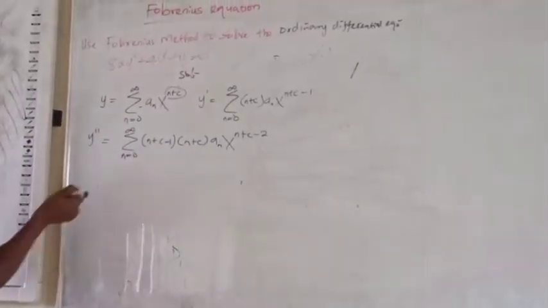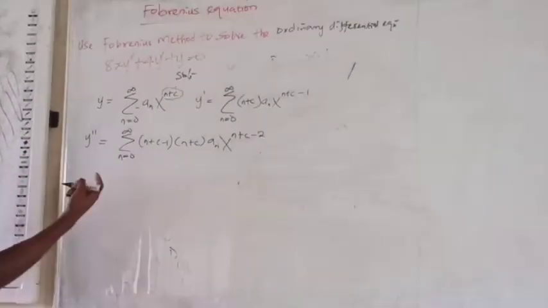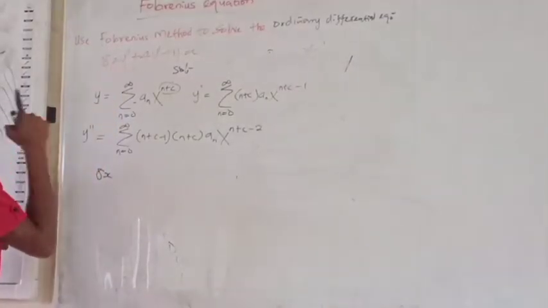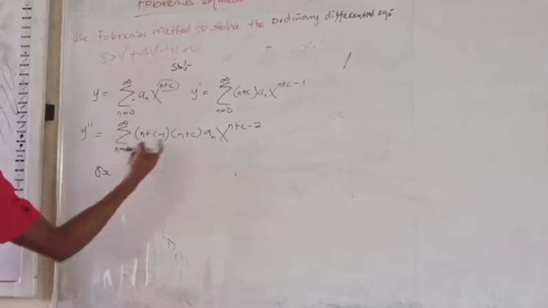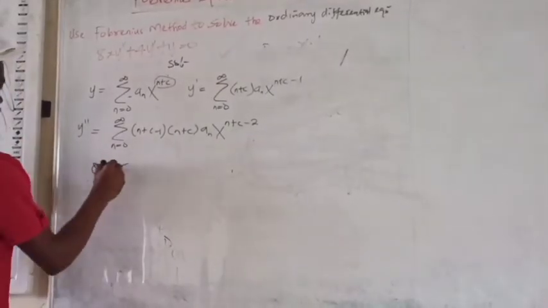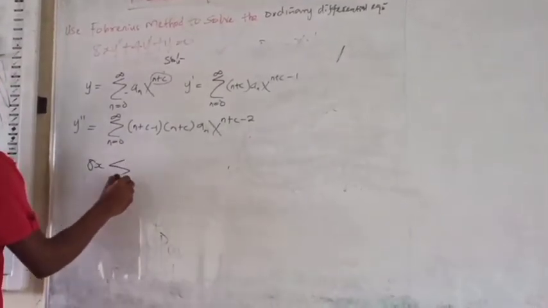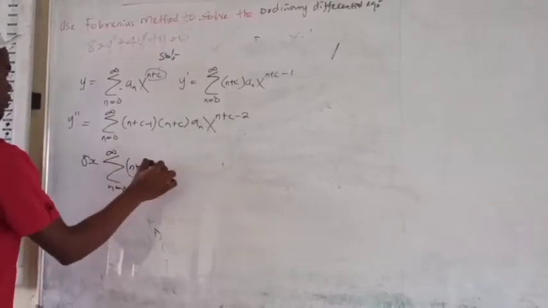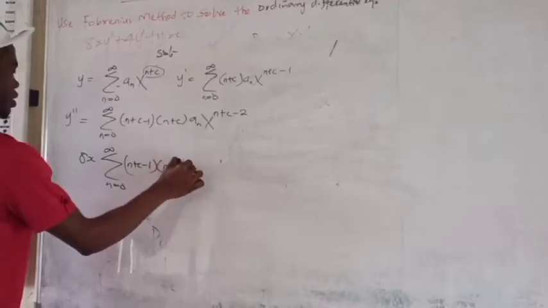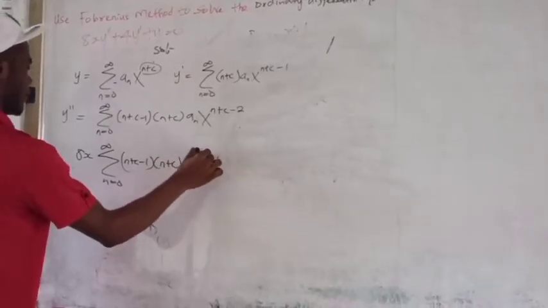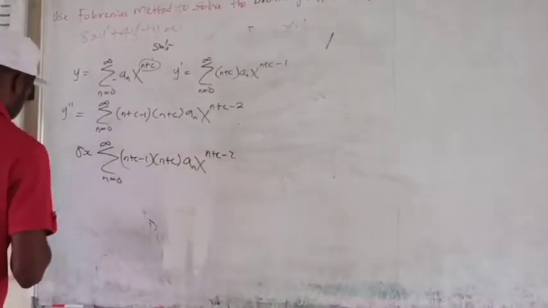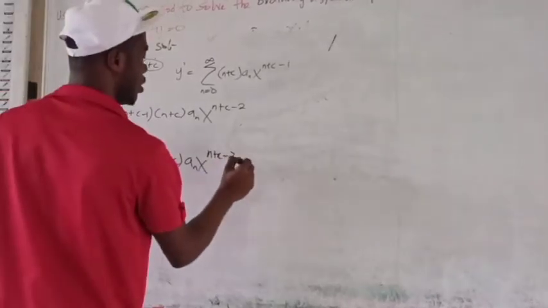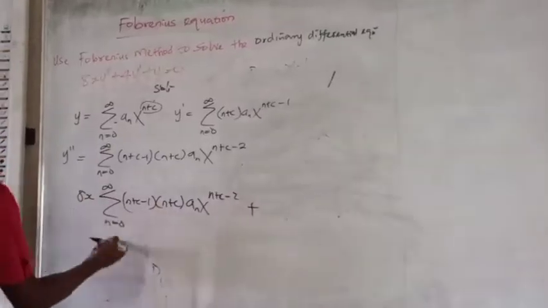So I'm left with, if I substitute, 8x multiplied by y double prime, and of course my y double prime is equal to the summation from n equals 0 to infinity of n plus c minus 1, n plus c, a subscript n, x to the power of n plus c minus 2. So this is for the first one.